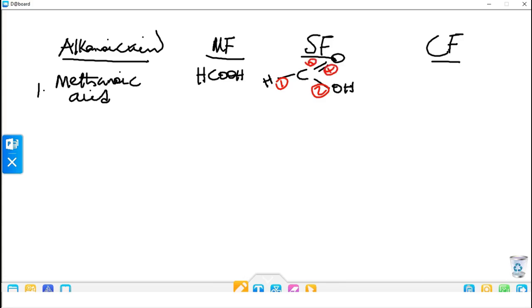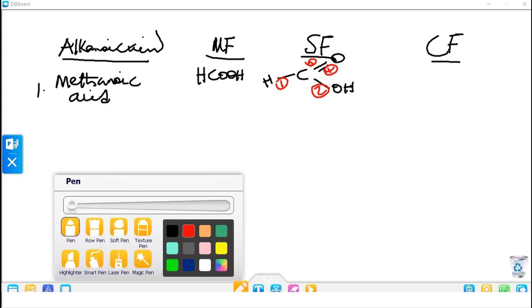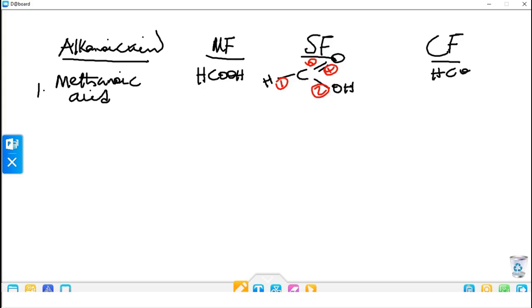So carbon is having 4 bonds, 1 from hydrogen, 1 from OH, and 2 from oxygen. So that is how the structure for methanoic acid looks like. And the condensed formula for that compound will simply be the same, HCOOH. That's the condensed formula for methanoic acid.